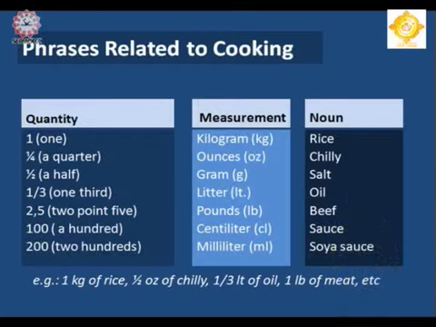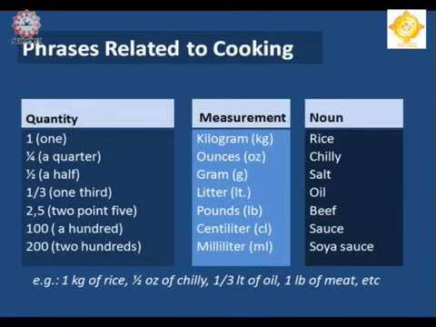And then for the measurement, for example, kilogram, ounces, gram, liter, pounds, centiliter, milliliter. And then for the noun or the materials, for example, rice, chili, salt, oil, beef, sauce, soya sauce.